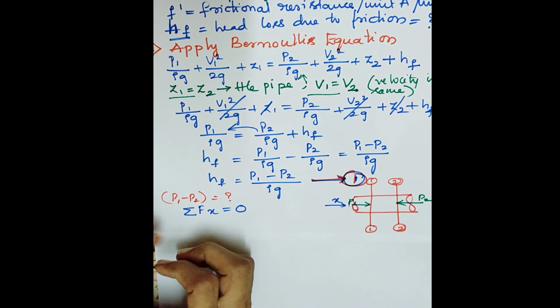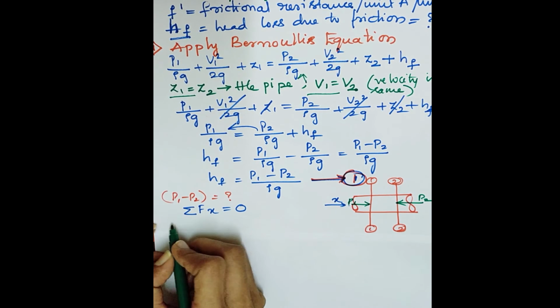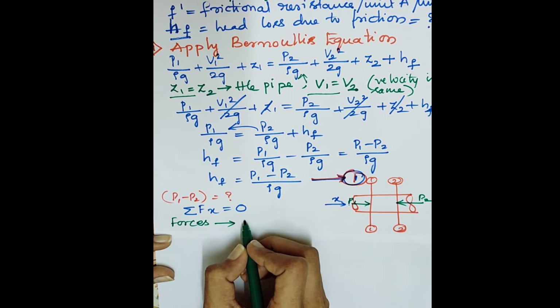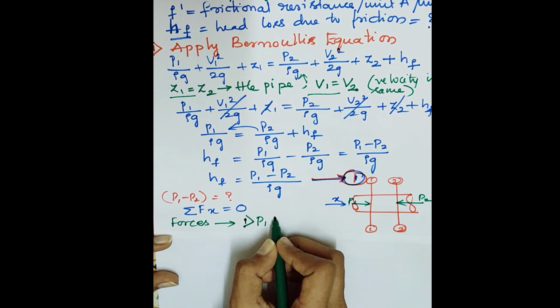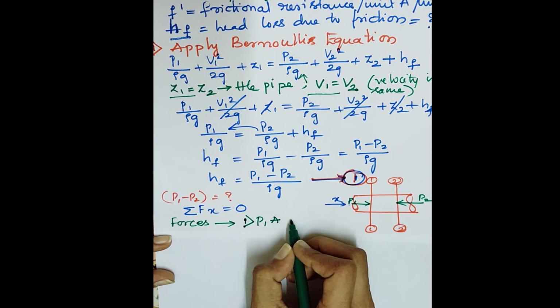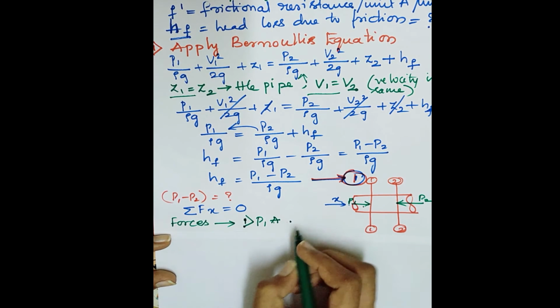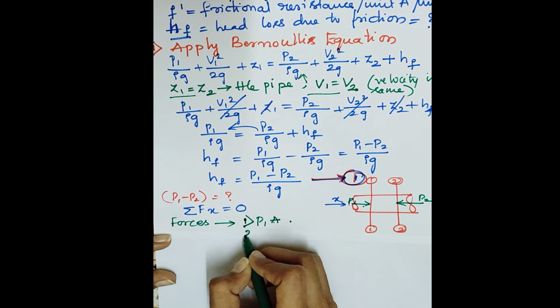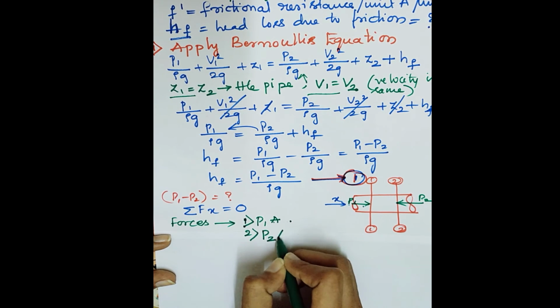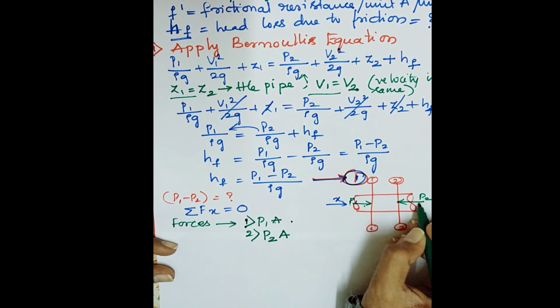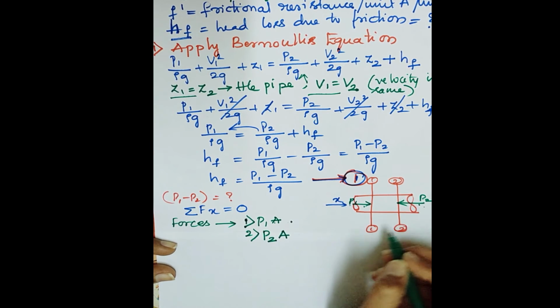I'll just name first what are the forces which are going to act. There are three forces. The first one is pressure force at section 1, that is P1 into A, and the second one is P2 into A, the pressure force at section 2.